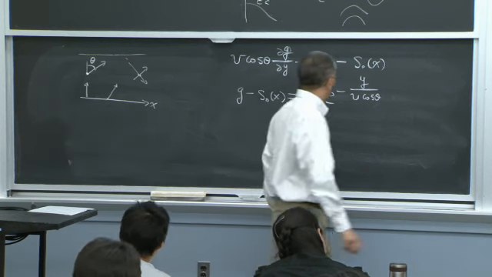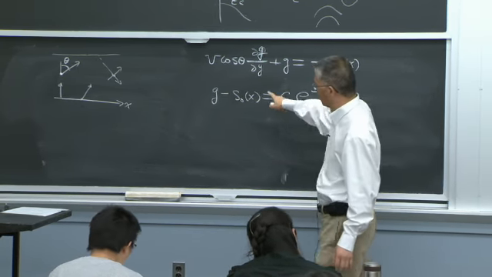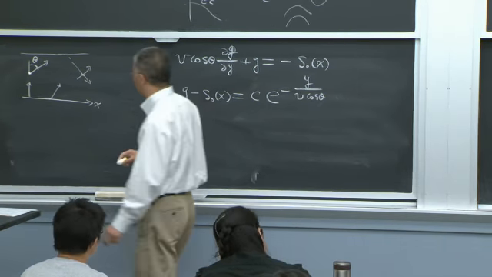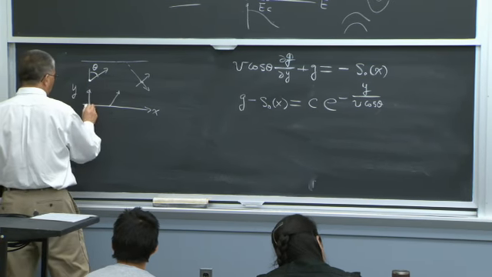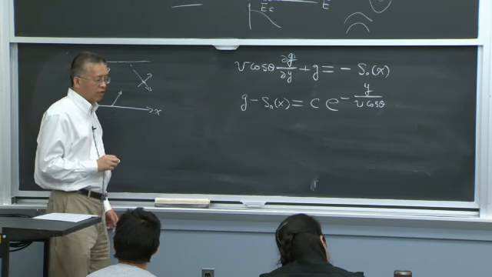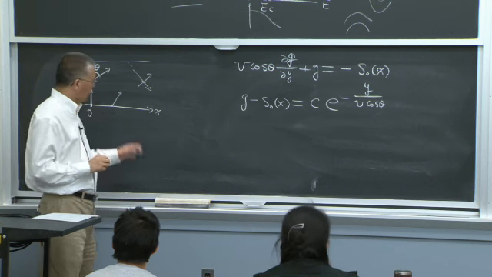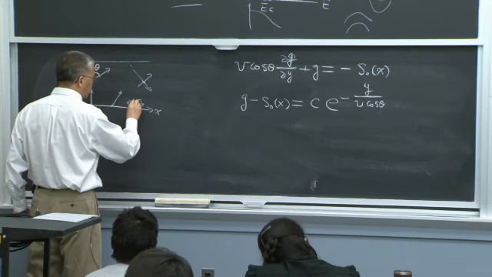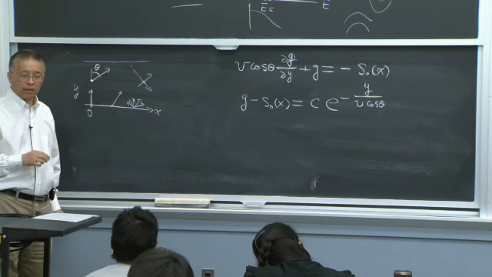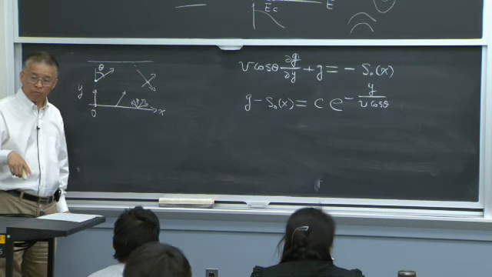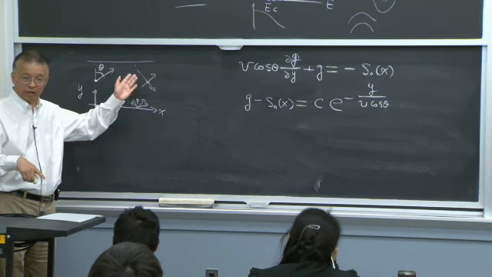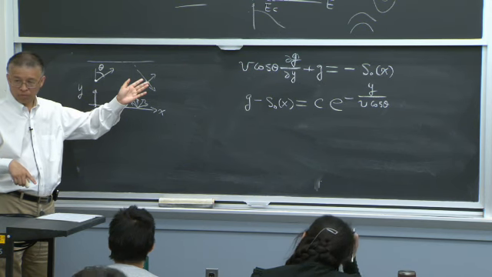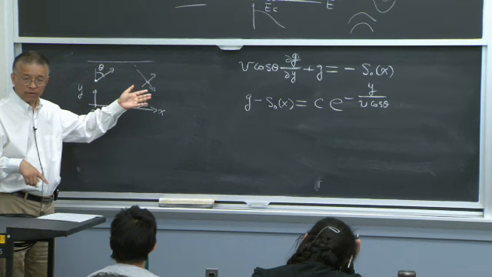So this is my solution, and I said that we need a boundary condition at y equals 0. At y equals 0, if the boundary is diffuse, so it goes out isotropically, that corresponds to F0. This F going out is equal to F0. So g equals 0 at y equals 0, because F equals F0.